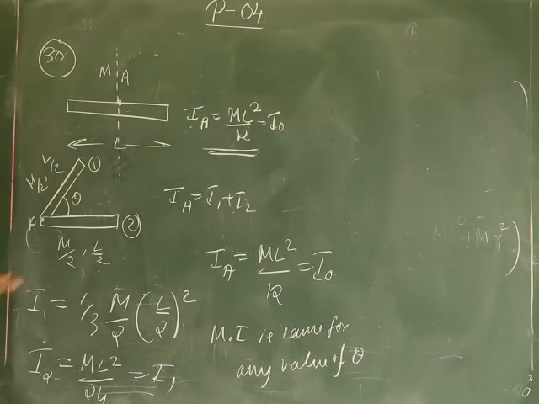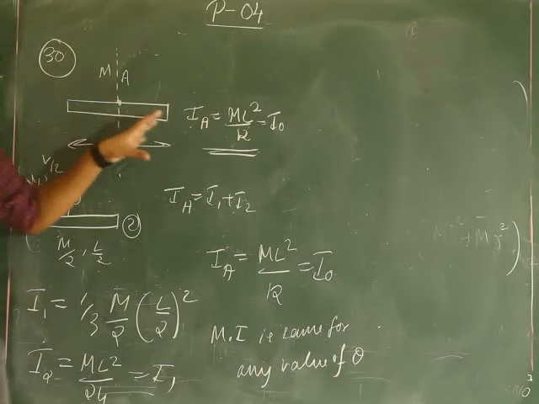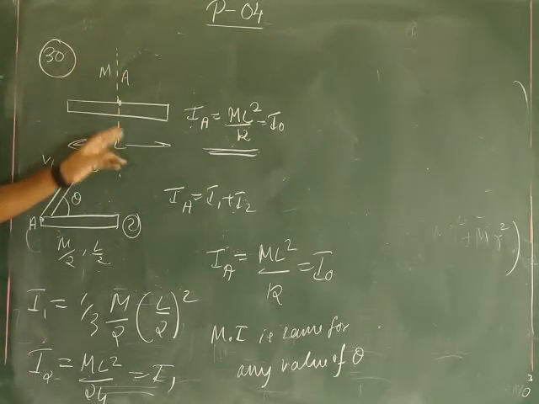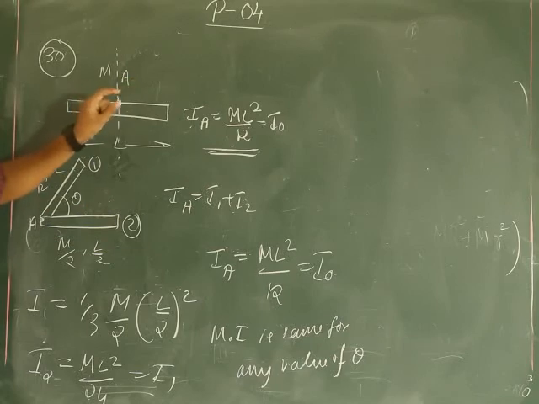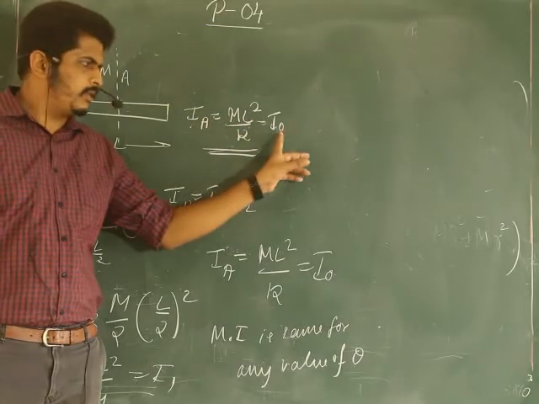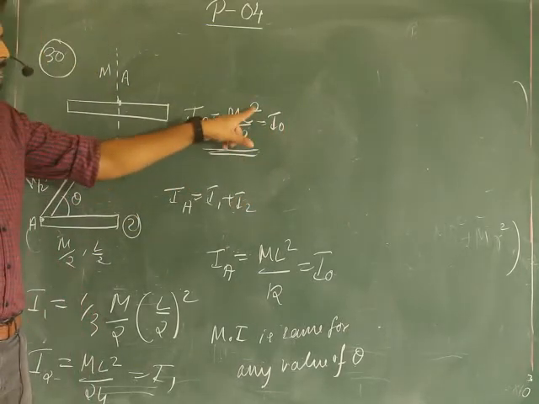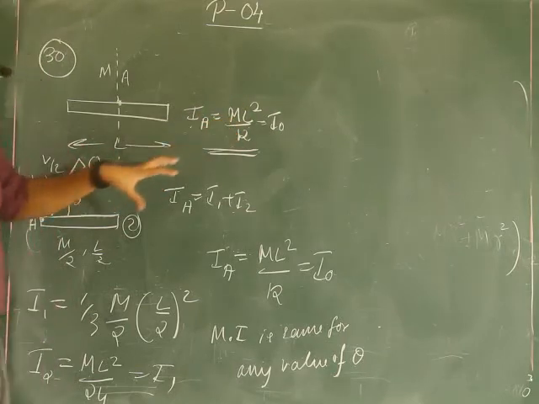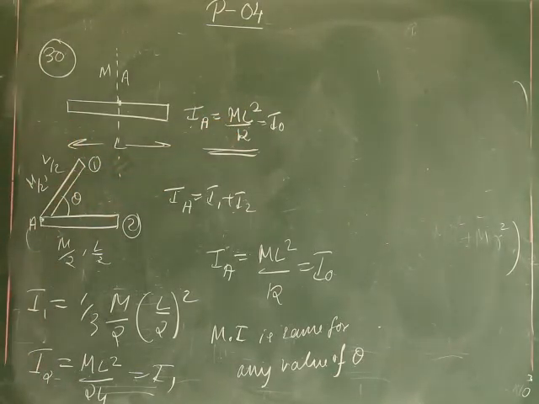The rod was there. When they have given that the axis of rotation passes through the center, I have given it the name A. They have mentioned only its moment of inertia is I0, but I have written ml square by 12. Why? Because we have learned that in the table in the chapter System of Particles.